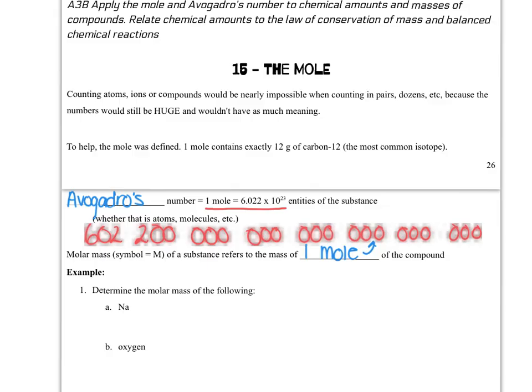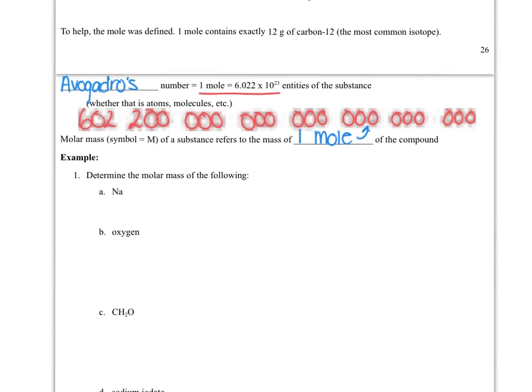When we are looking to calculate molar mass, we're going to use the atomic mass of those elements. Atomic mass and molar mass mean more or less the same thing.